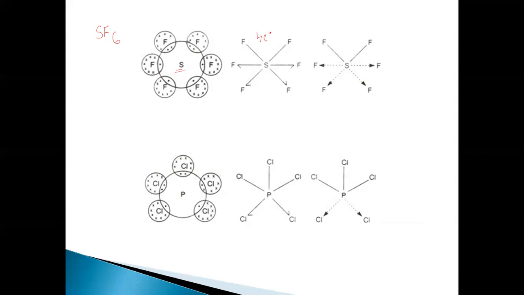Now it forms 4 singlet linkages with 4 other fluorine atoms by means of single electron bonds. So 1, 2, 3, 4, 5, 6, 7, and 8. Now sulfur has 8 electrons in its valence shell.